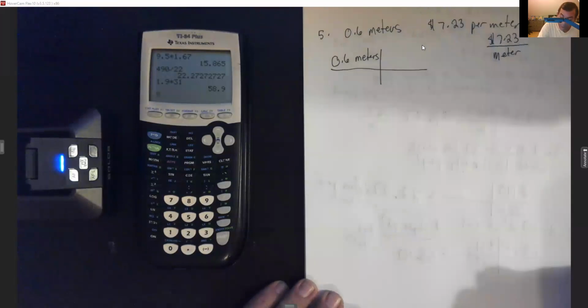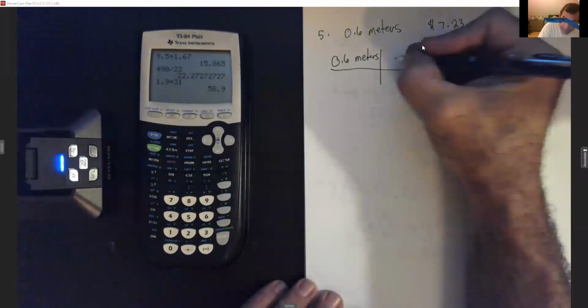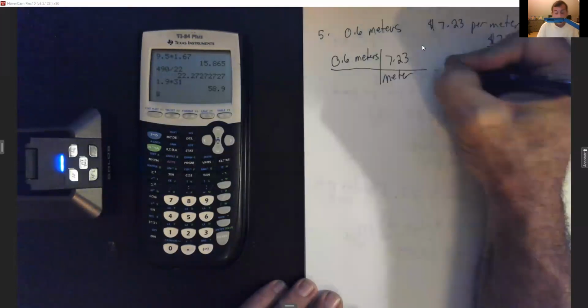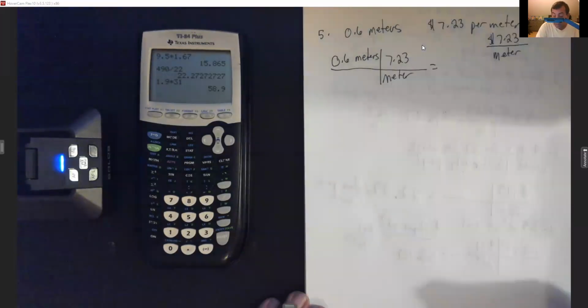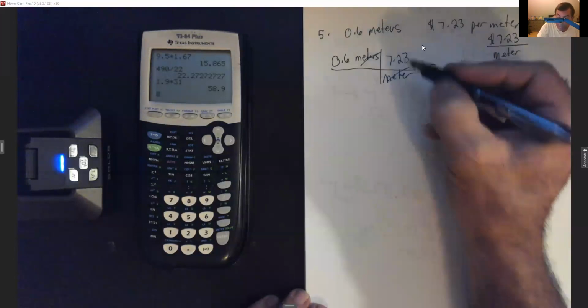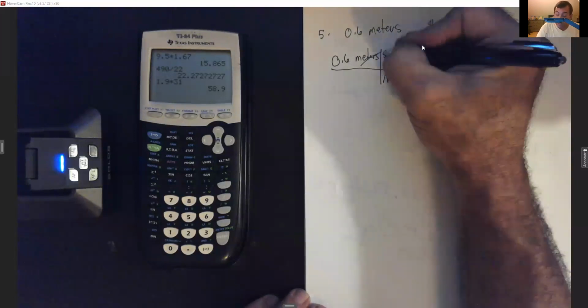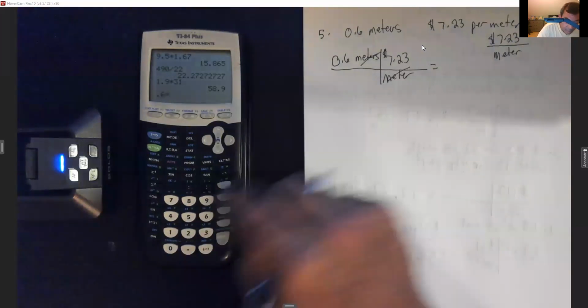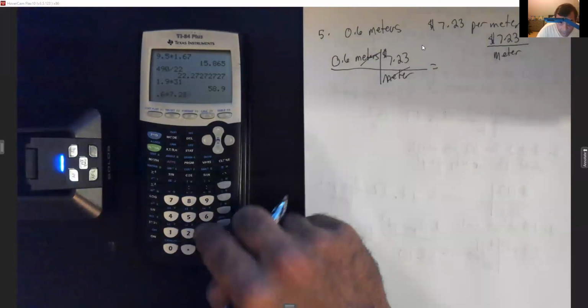So that's going to come over here this way it looks, 7.23 per meter. And then y'all look at that, the meters will cancel, so I'm going to be left with my money. So let's see what 0.6 times 7.23 gives us.